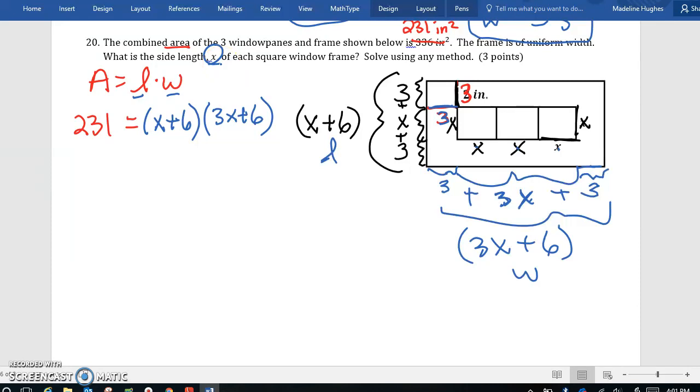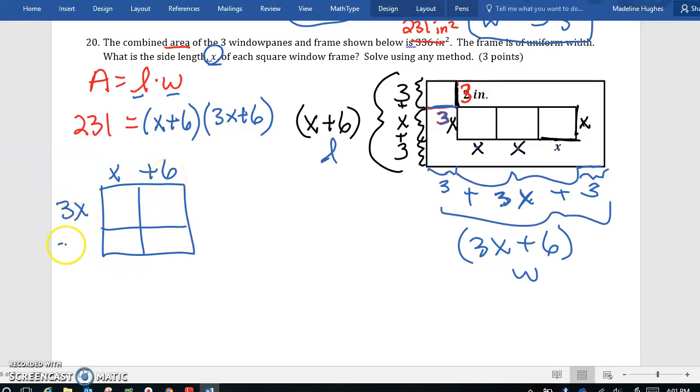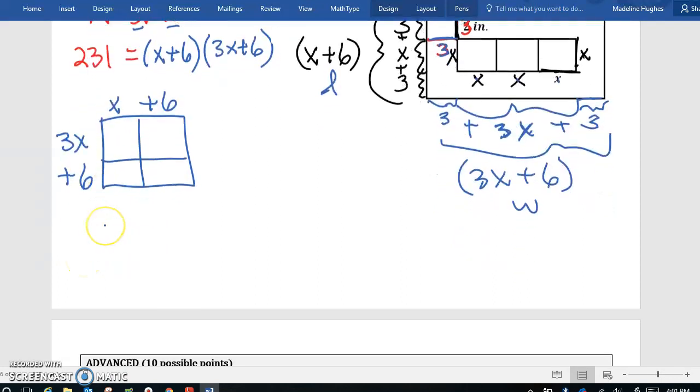So I'm going to multiply this blue part out. I'm going to write my Punnett squares. I have x plus 6 along the top, 3x plus 6 along the side there. And I'm going to fill in each of these boxes.